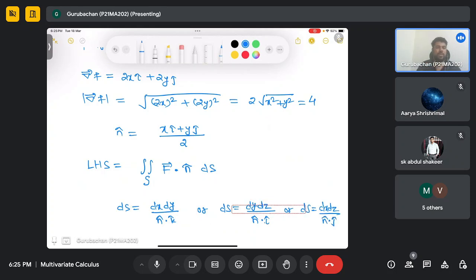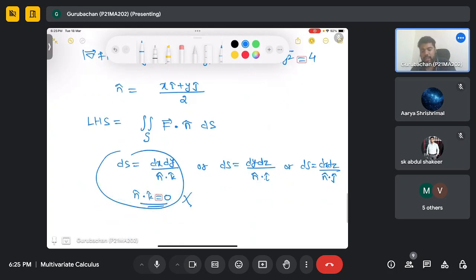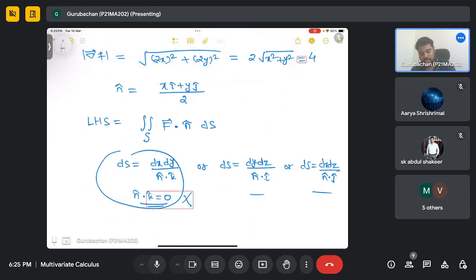We can take any of the three possibilities, but here n cap dot k cap in our particular question is 0, so we need to avoid this one. Now we can consider either of the other two. Suppose I am working with ds equal to dy dz over n cap dot i cap. So this will give us dy dz divided by x by 2.